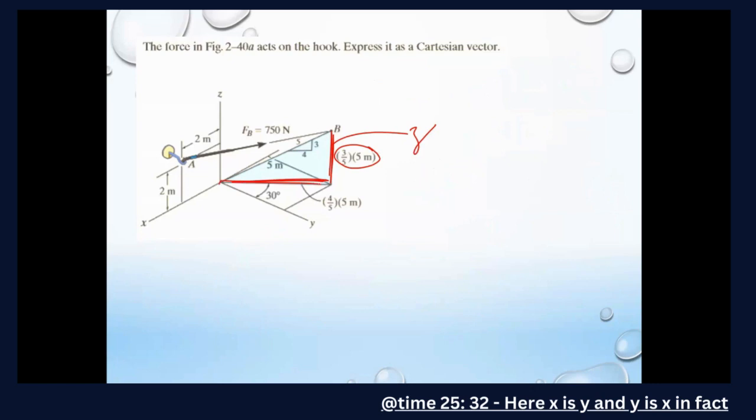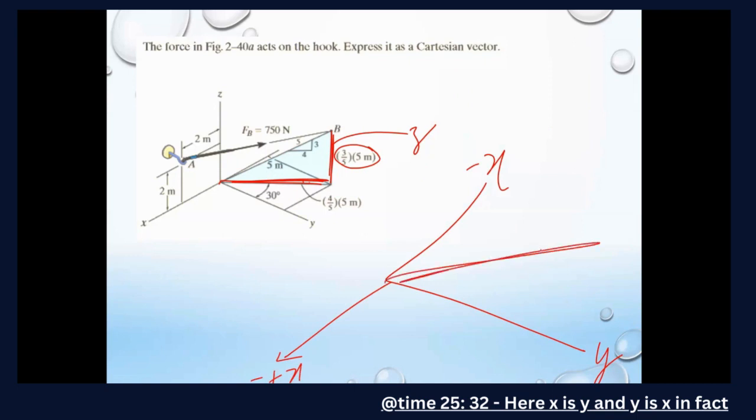So how do I translate this for the x-axis and y-axis? There is x here and there is y here, minus x here and positive x. This one is in the middle like this. The magnitude of this is 4/5 into 5, right? And you know this angle. So how do I use this for the x-axis and y-axis?